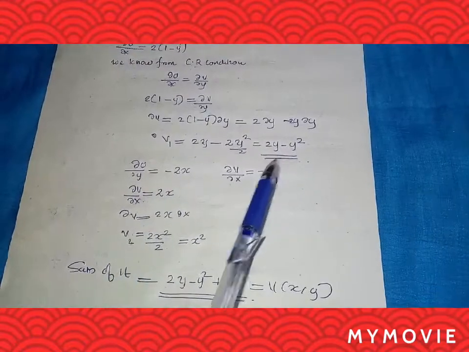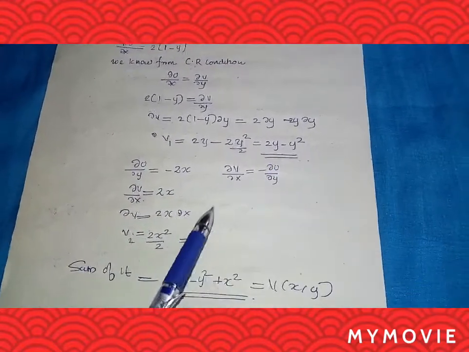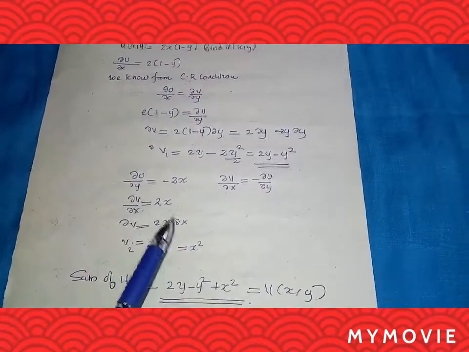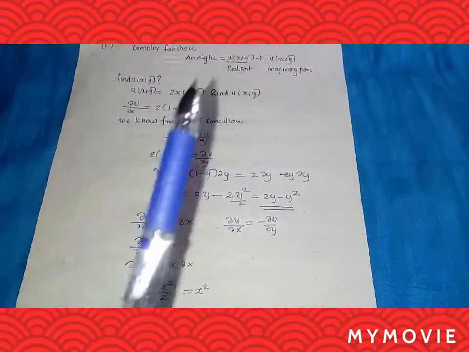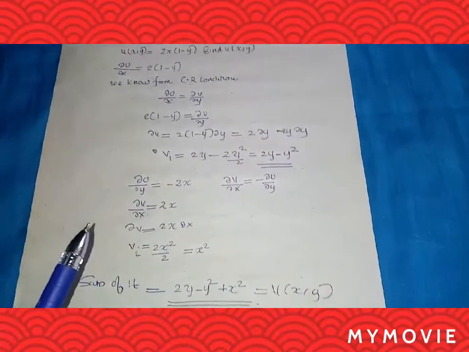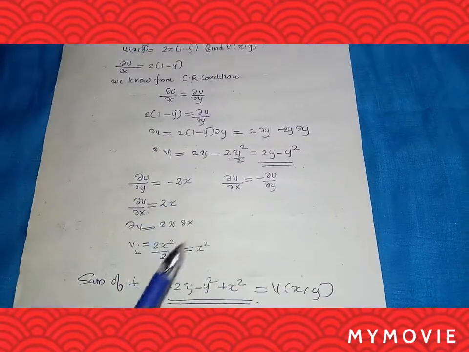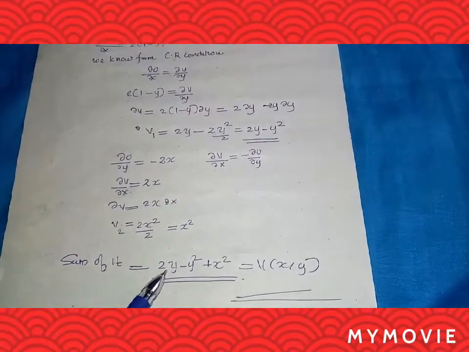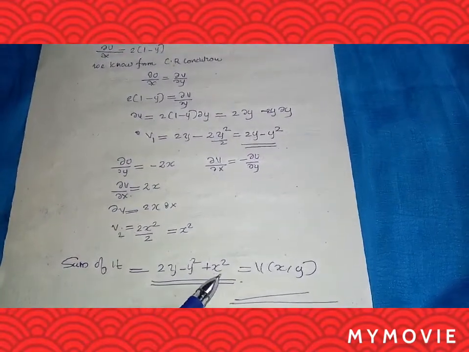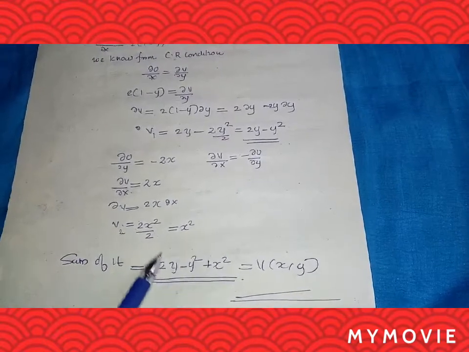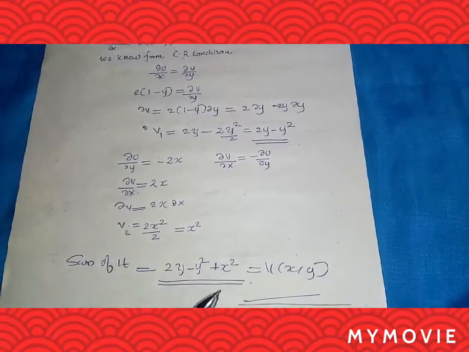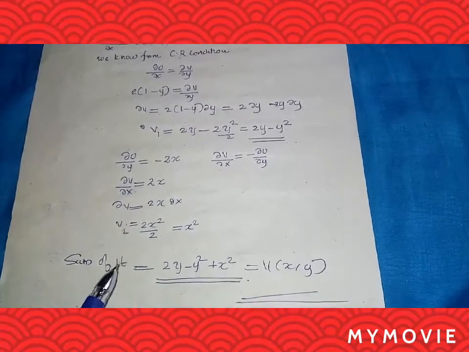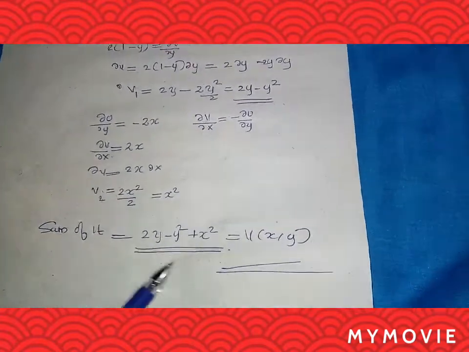We know that we get two imaginary functions. So what is the actual imaginary part of this analytic function? We just sum these v1 and v2. The sum is 2y minus y square plus x square, and check whether there is a repeated term. If any repeated term exists, cancel it. Here there is no repeated term.